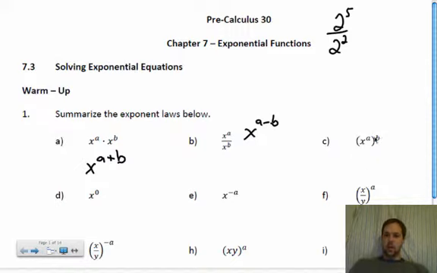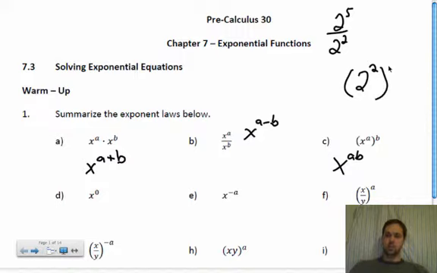x to the a, all to the power of b. Now here is where we actually do multiply our exponents. This is x to the a times b. And again, you could verify this by using a common number.